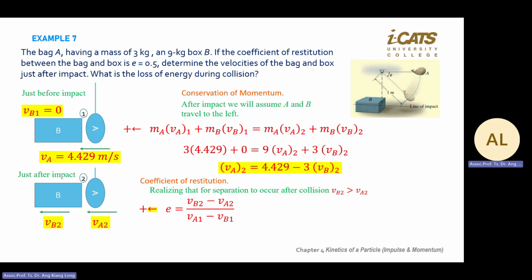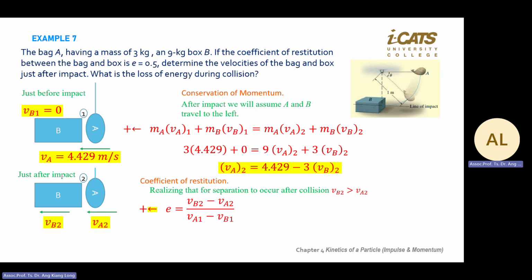So if the scenario is that before the hit A is faster, B slower, and after the hit B goes faster, A slows down, you can use this equation directly. So E equal to velocity after divided by velocity before. You take big number minus small number.